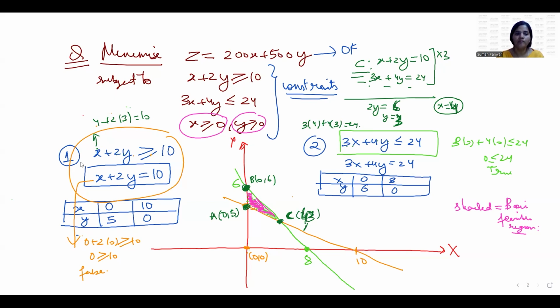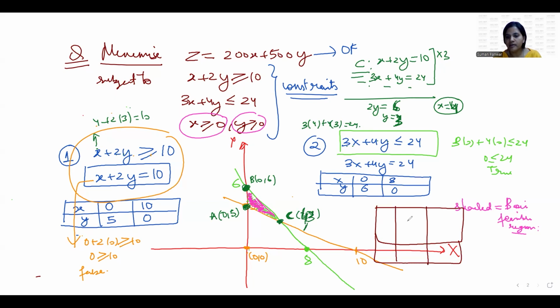So what we will do now is create a table. Here we will write corner points. The first corner point is A, 0, 5. The second corner point is B, 0, 6. The third corner point is C, 4, 3. Then we write the value of Z over here, which is 200x plus 500y.